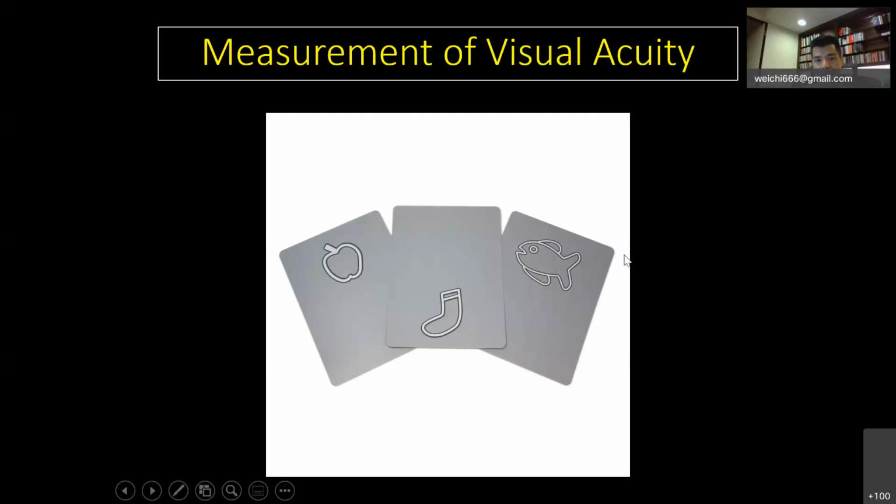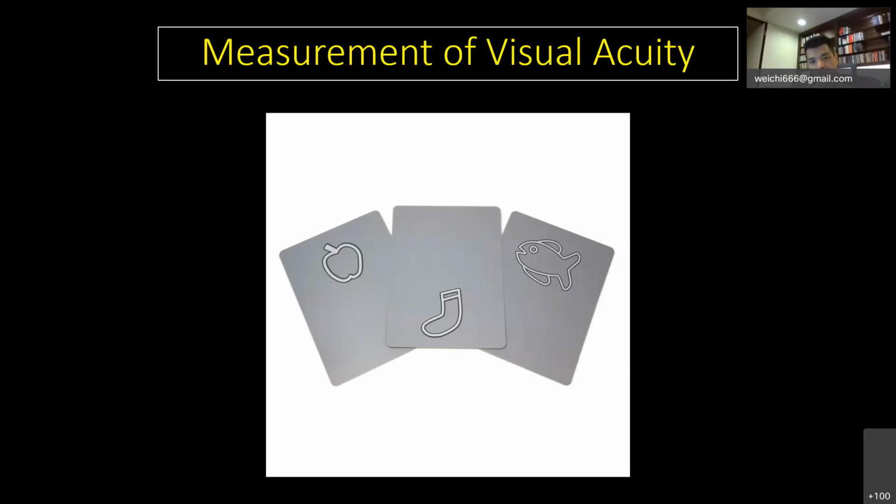Then how about kids? For kids who are really tiny, who couldn't express where the defect of a circle is, we could show them this card. We have various cards that have been validated before, that are equivalent to certain vision.